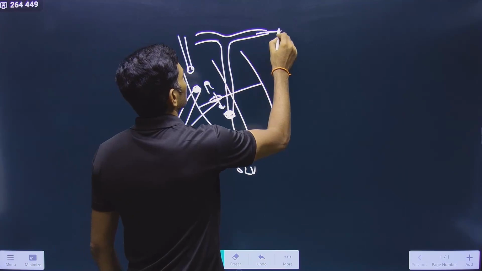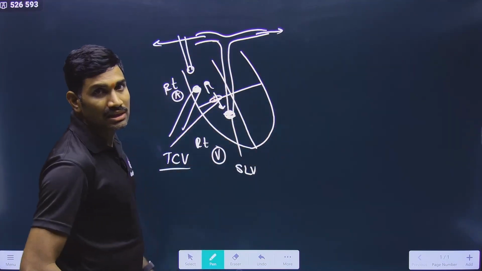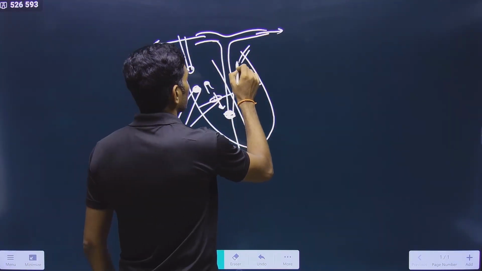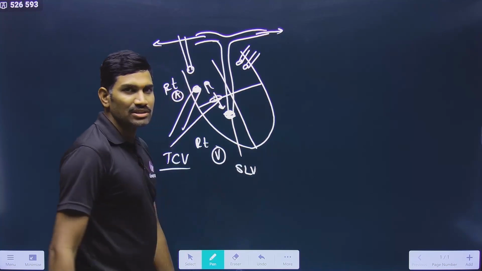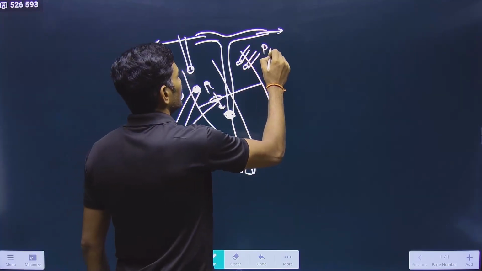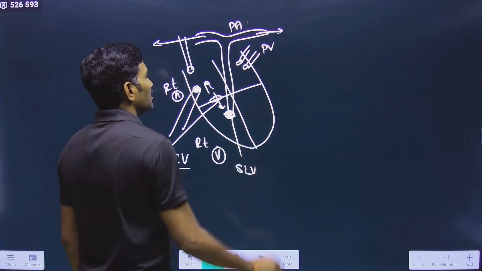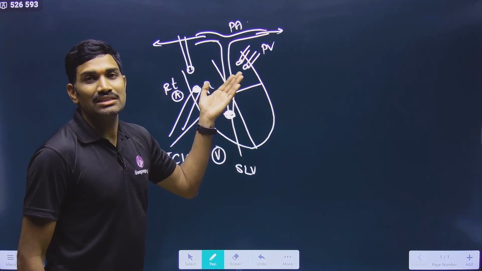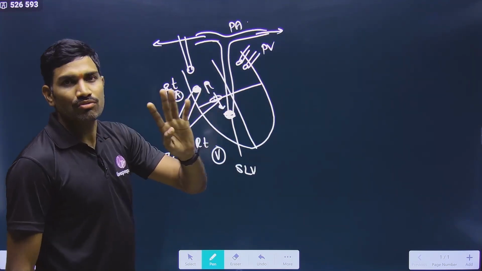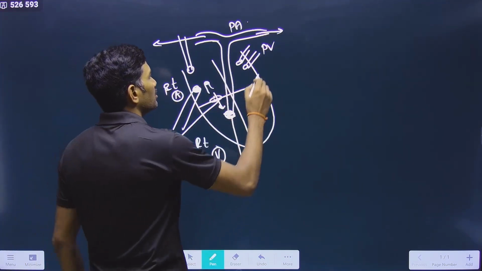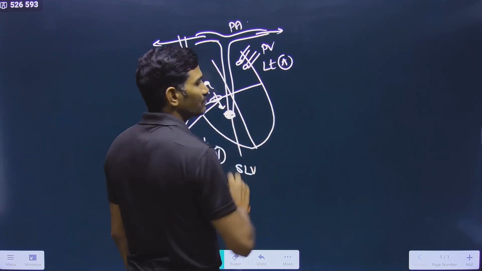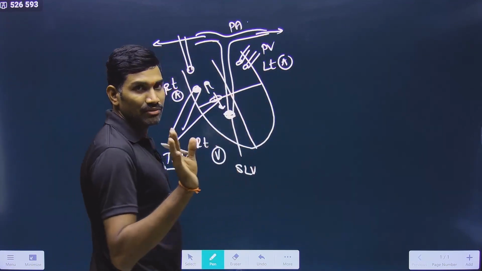So in this way, this deoxygenated blood is going to the lungs, and from the lungs, pulmonary veins will come here. Pulmonary veins. This is the pulmonary artery. So two from each of the lungs. That means 2 plus 2, total 4 pulmonary veins are opening into the left atrium. But they do not have valves.